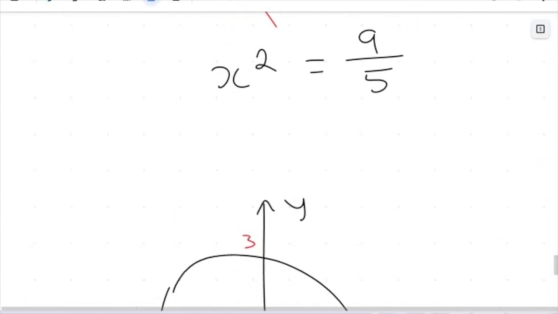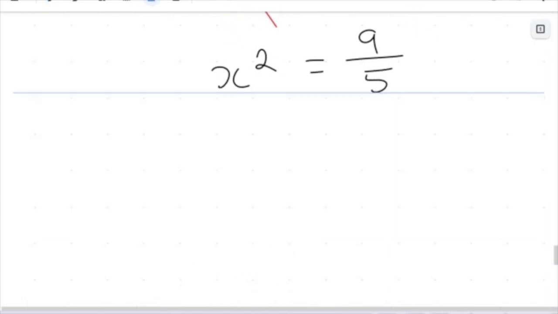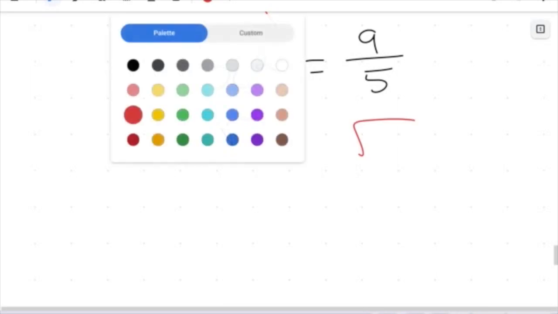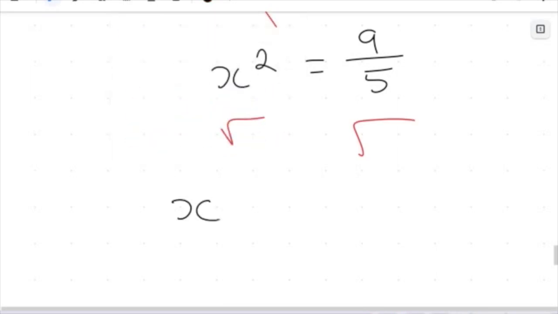And now I just want to take the square root of both sides. Taking the square root of the left-hand side will give me x on its own. And what I do to one side, I do to the other as well. So x here gives me plus or minus root 9 over 5.